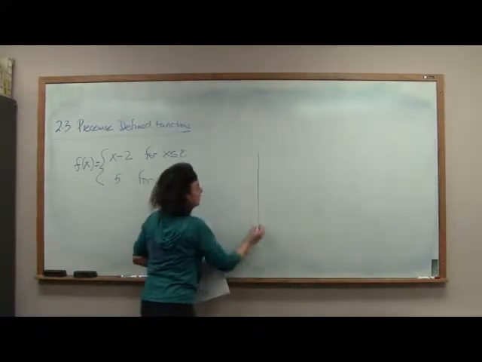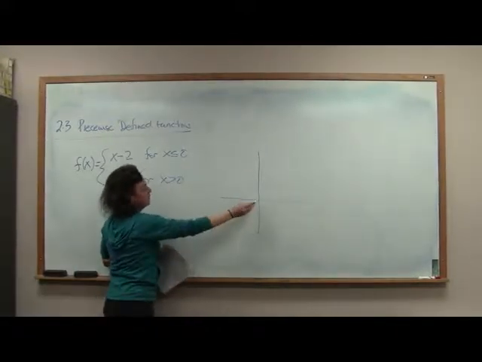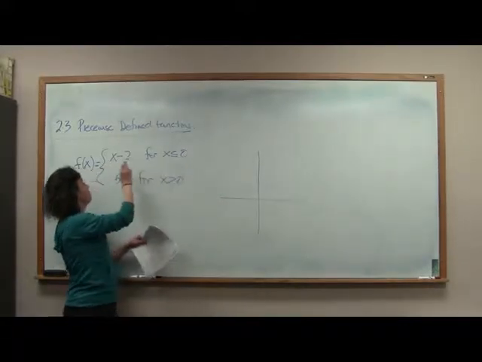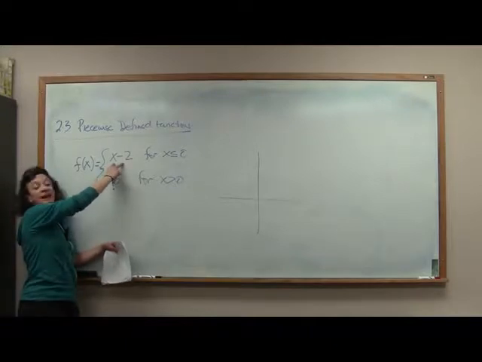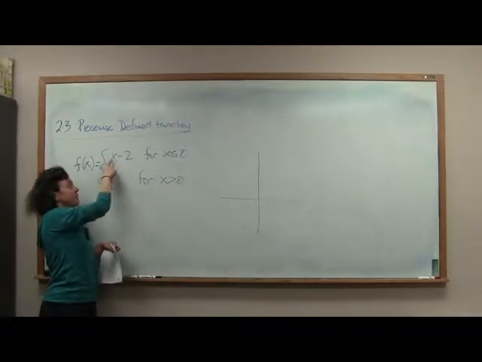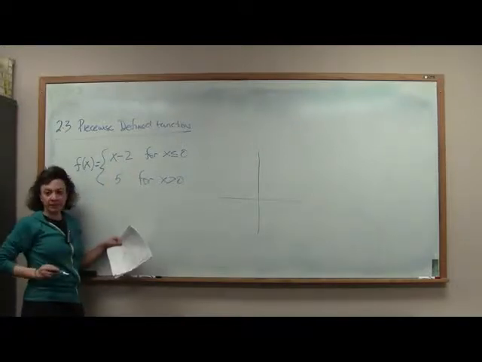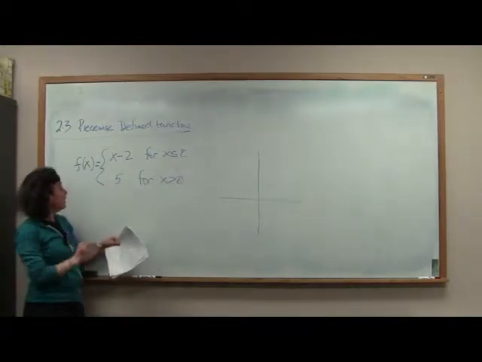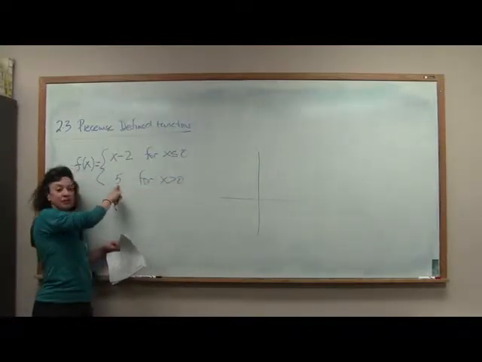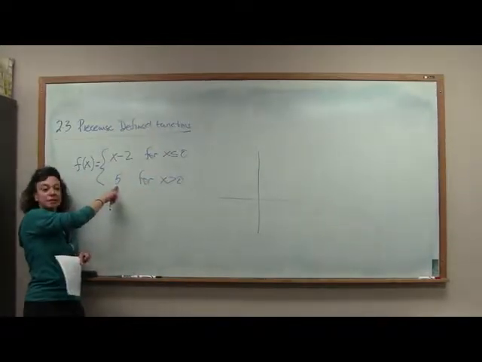So essentially what we're saying is for values of x less than or equal to 0, our function is x minus 2, which hopefully you're all familiar with. It's a line with slope equal to 1 and y-intercept of negative 2. Now, for values of x greater than 0, our function is simply f of x equals 5.